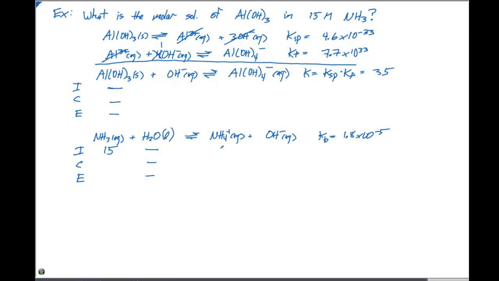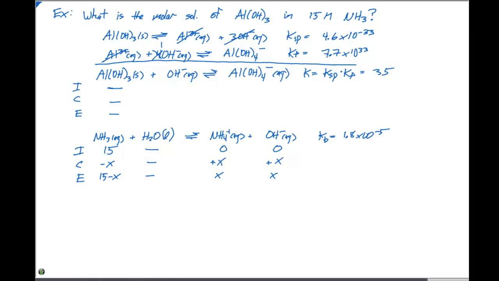And we have 0 NH4+ and 0 OH- to begin. The change in concentration is going to be minus x for the ammonia, plus x for the NH4+, and plus x for the OH-. So our equilibrium concentrations are going to be 15 minus x, x, and x.